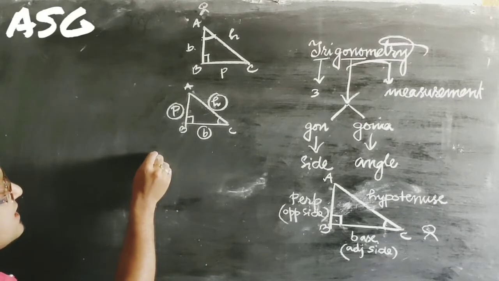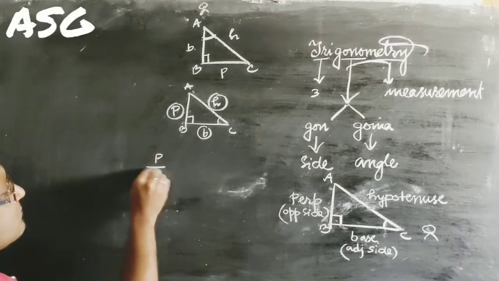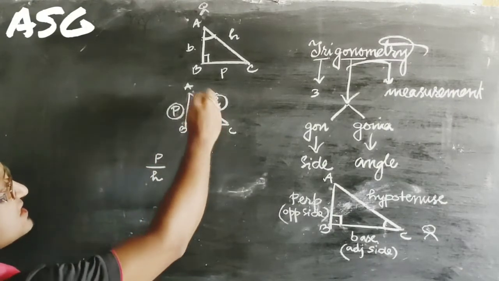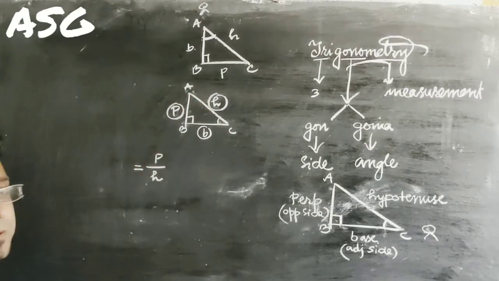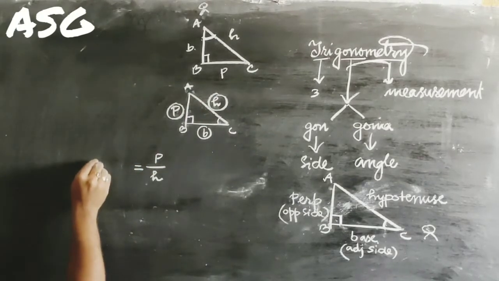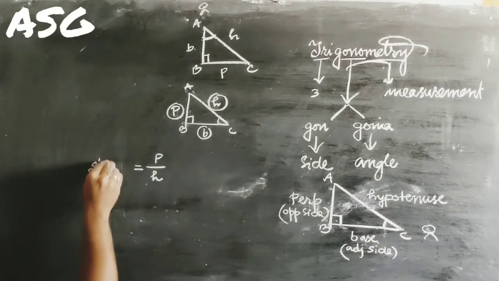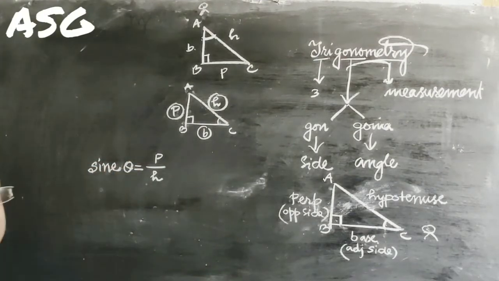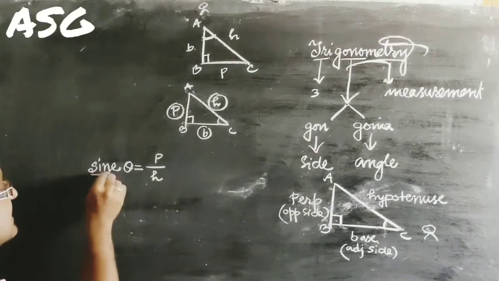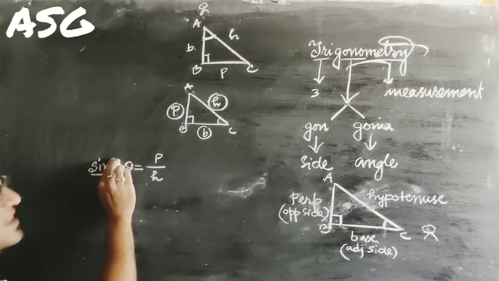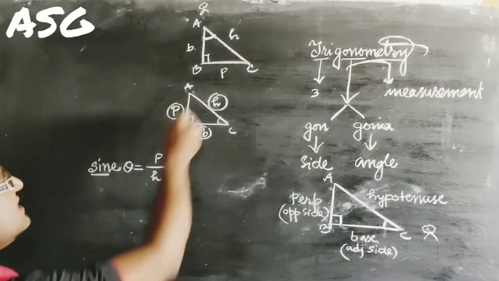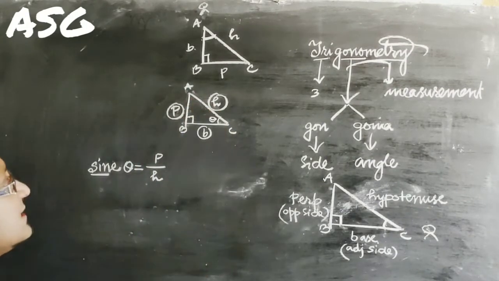If I take perpendicular by hypotenuse, that is AB by AC, I am going to get a ratio. In trigonometry we use the term sin theta, S-I-N-E, but in short we write sin. Sin theta means this angle we have considered to be theta.